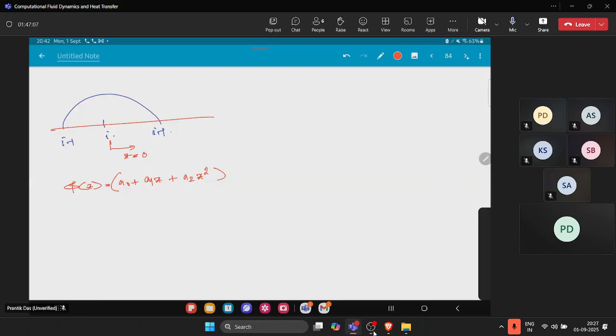So phi I equals a naught. Phi I plus 1 equal to phi I plus a1 delta x plus a2 delta x square. And phi I minus 1 equal to phi I minus a1 delta x plus a2 delta x square. Is it clear to all of you?